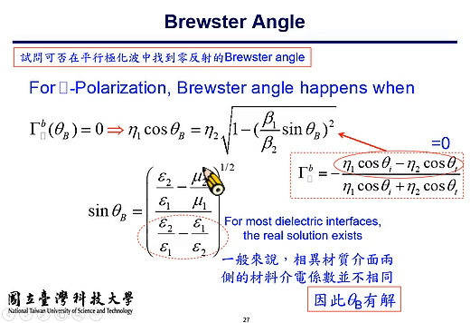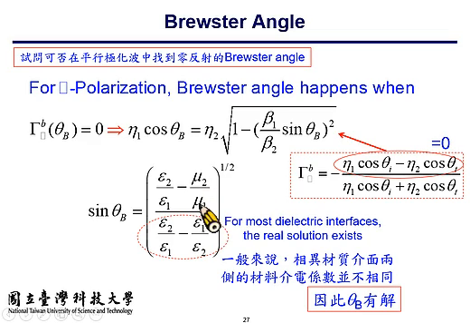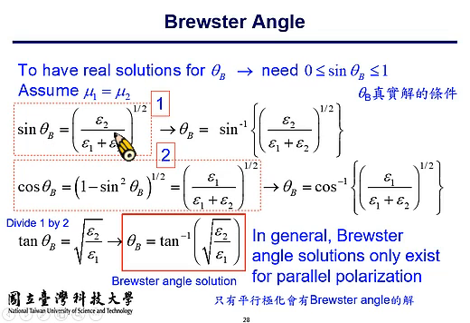Suppose you still have non-magnetic material, so mu 1 over mu 2 is 1. Then you can massage the equation a little bit. You find that sin theta b is the square root of epsilon 2 over epsilon 1 plus epsilon 2. So here is your Brewster angle, the arcsine of this.